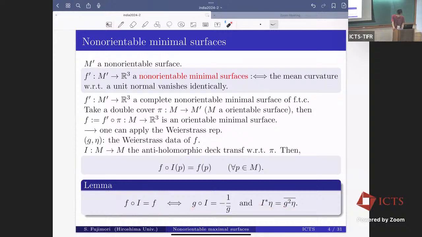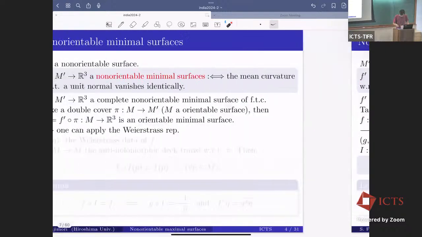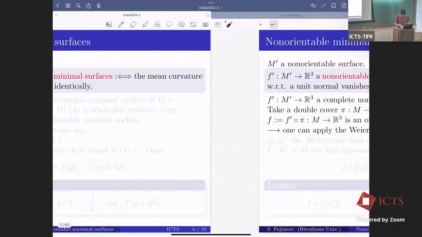The composition of G and I is minus 1 over G bar, so G gets the antipodal point. And the pullback of eta by I is the conjugate of G squared eta. This is obtained by just computing using this equation. It is an easy computation.